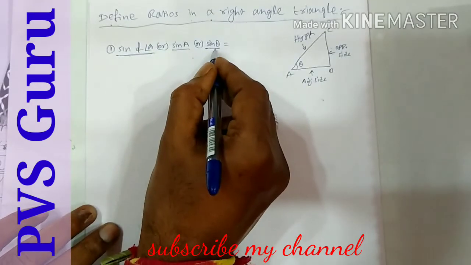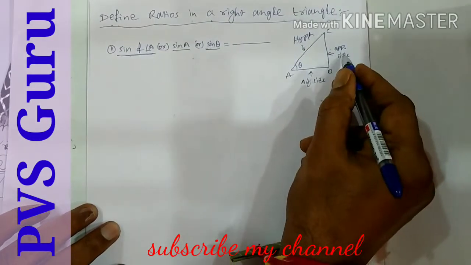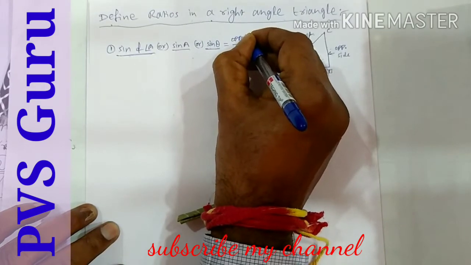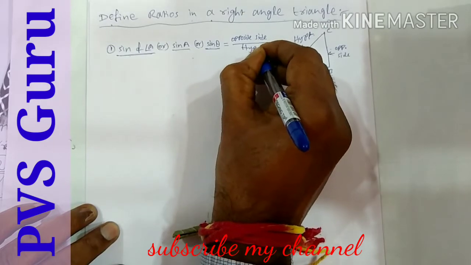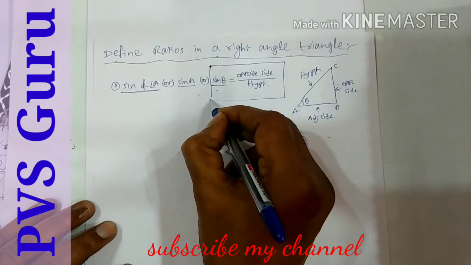We have the formula: opposite side by hypotenuse, the sine A formula.